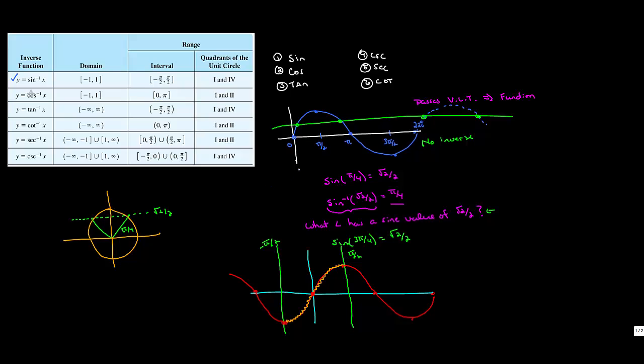The reason for that is because if you graph the cosine curve, it would not be 1 to 1. It would not have an inverse function if we didn't restrict its outputs to this interval. So you can follow down and read through these, but I would encourage you in class to ask if you have any questions on those intervals and how that works.